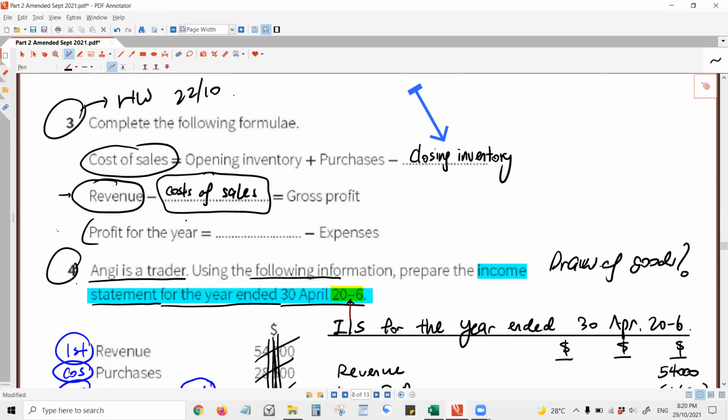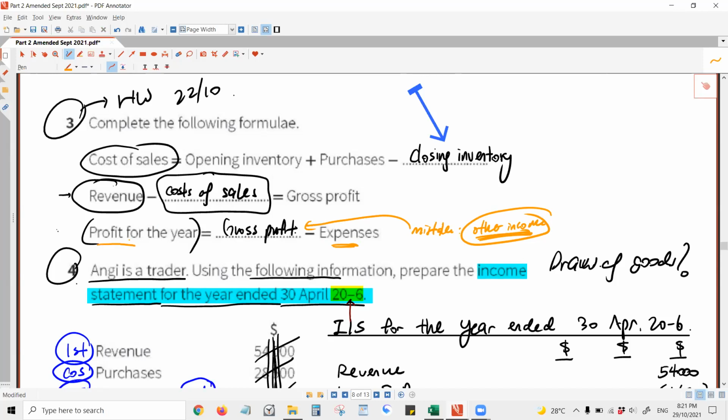Profit for the year, it is gross profit here. A common mistake from students is writing other income. But if you try to check the calculation in the income statement, when you take other income minus expenses, I don't think you will get profit for the year.